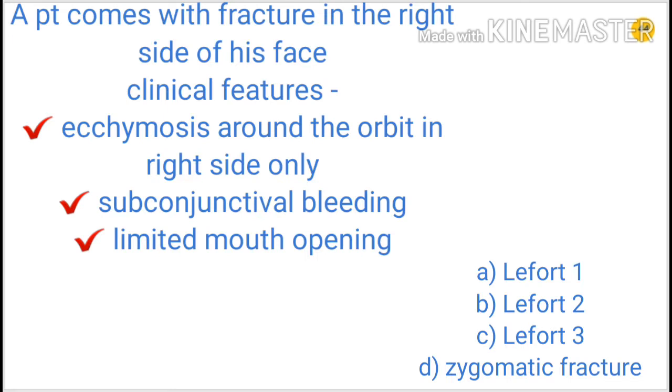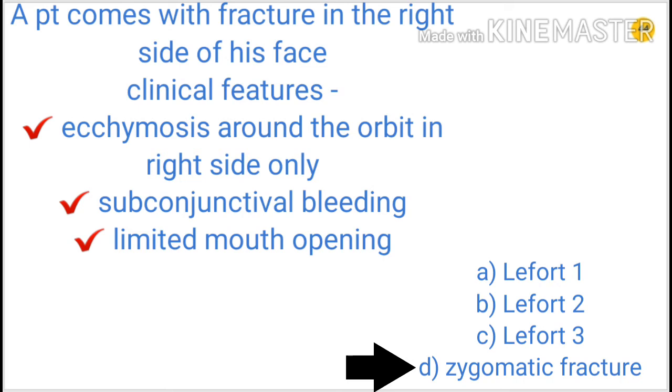The next question is, a patient comes with fracture in the right side of his face. The clinical features in that patient were ecchymosis around the orbit in right side only, subconjunctival bleeding and limited mouth opening. So what is your diagnosis? Lefort 1, Lefort 2 or Lefort 3 fracture, or is it the zygomatic fracture?